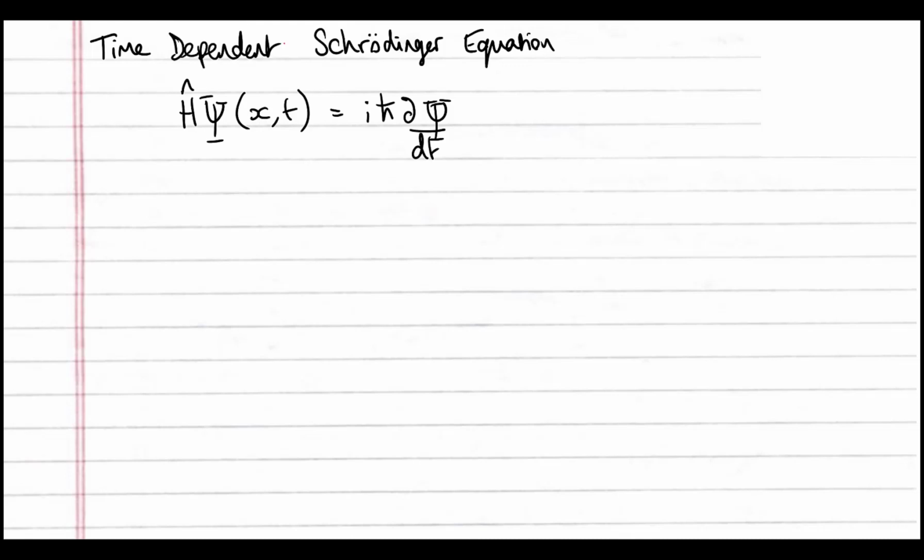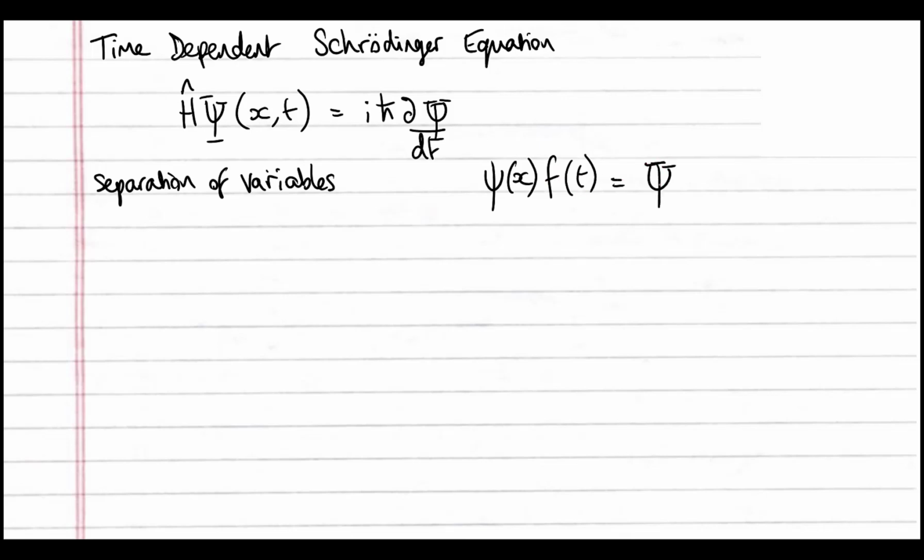So we can do some separation of variables. We're going to say we've got a wave function piece that's a function of x, and some function f of t in here. I'm going to say that's equal to our capital psi. So let's plug that in.